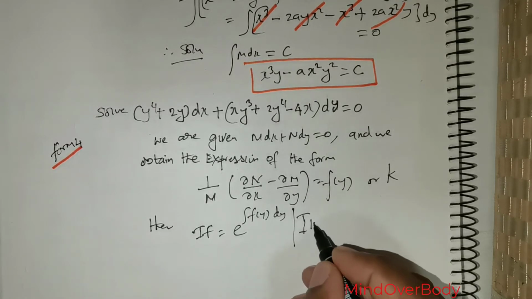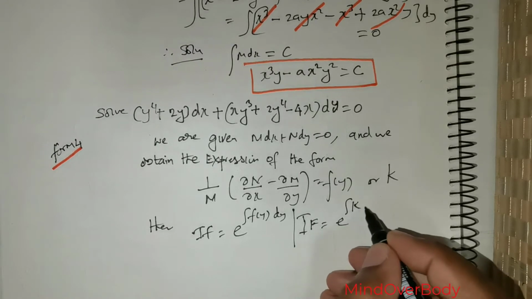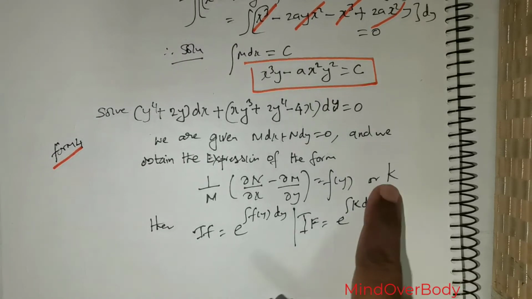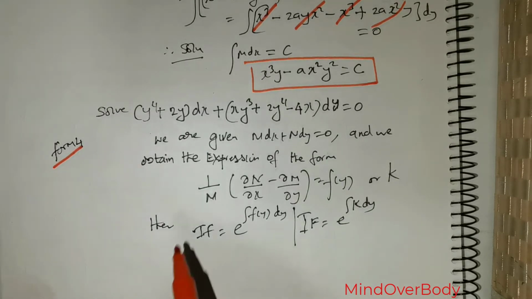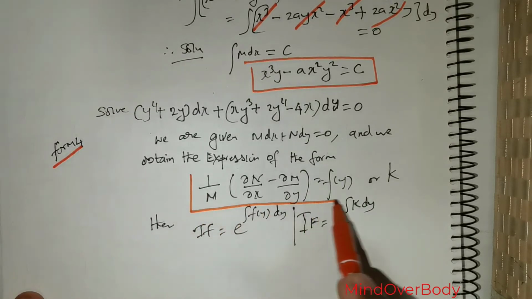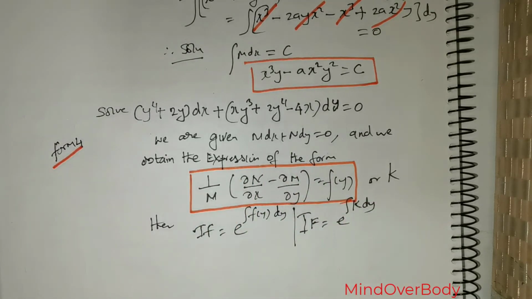On the contrary, the integrating factor would be e raised to the power of the integral of k times dy if it is k. So the entire idea lies on this act of obtaining the expression to be some function of y.